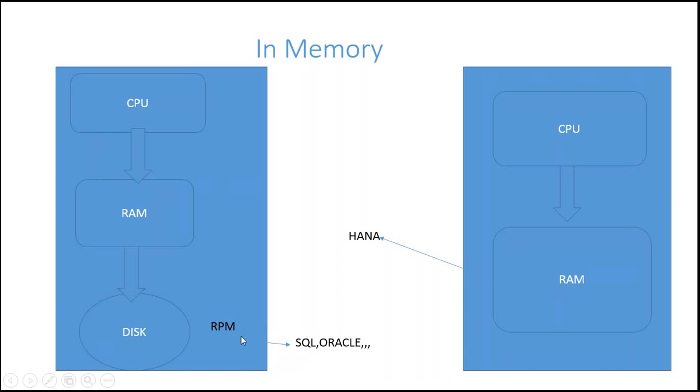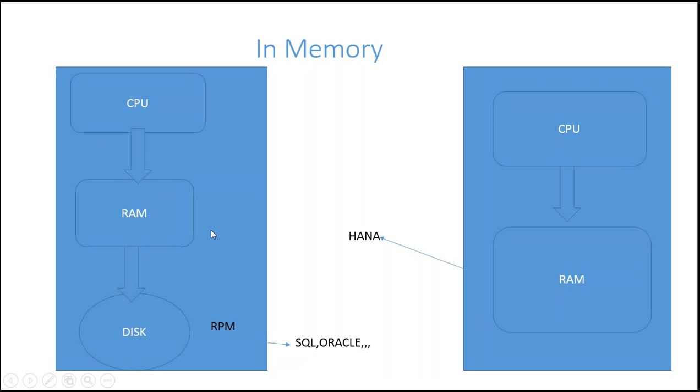This is RPM, revolutions per minute. In the disk-based systems, per minute only 4,200 records or 2,000 records can be extracted. These are the standards for disk-based systems. Is this figure clear?